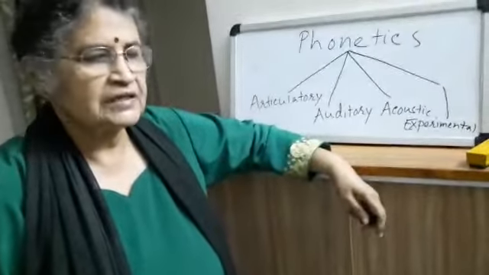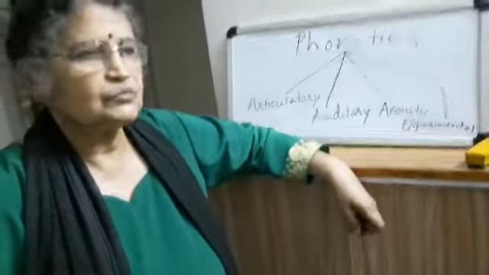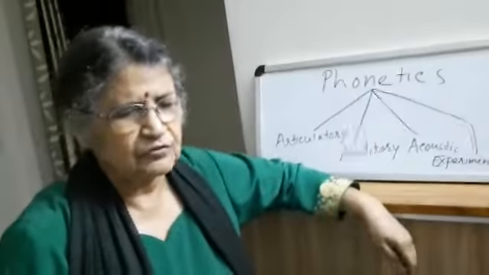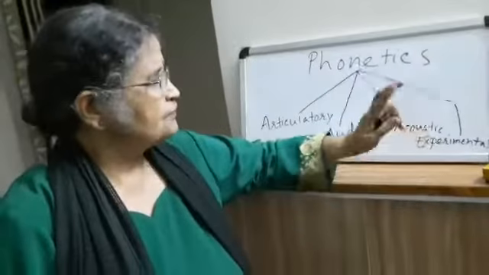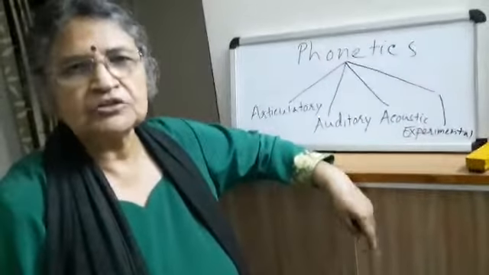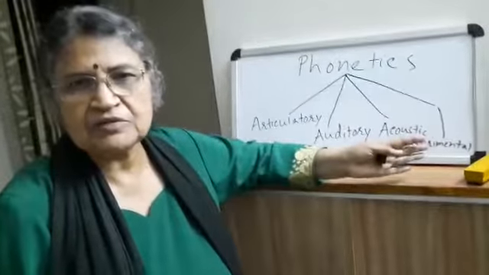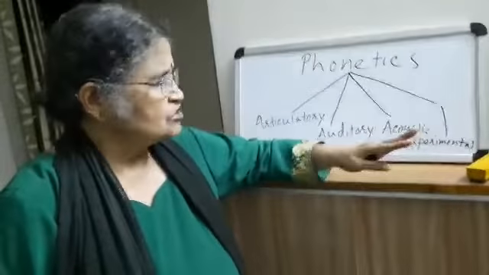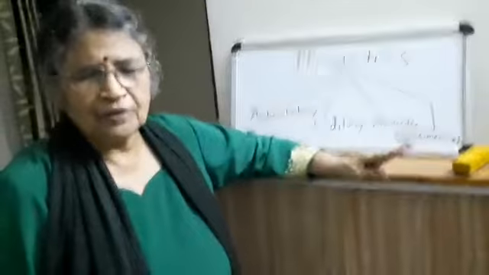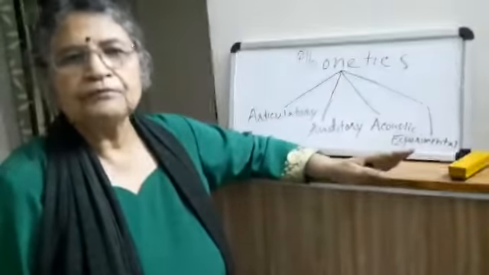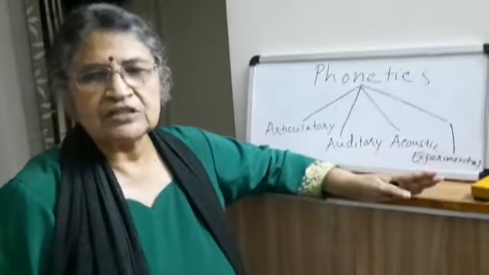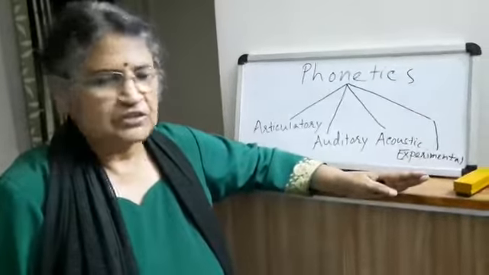For example, telephony is one. When they make telephones or even mobiles, they experiment with the speech sounds, and so they deal with the experimental aspects of speech sounds. When speech sounds are studied in a lab using various instruments, that study is called experimental phonetics.